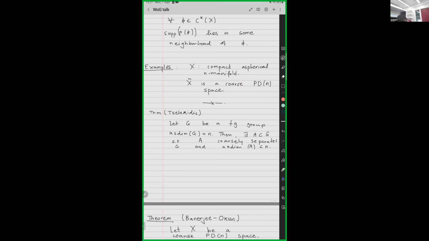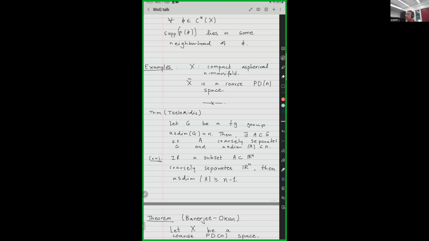Okay, and there was a conjecture as well which said that if a subset A of R^n coarsely separates R^n, then the asymptotic dimension of A is greater than or equal to n minus 1, right?